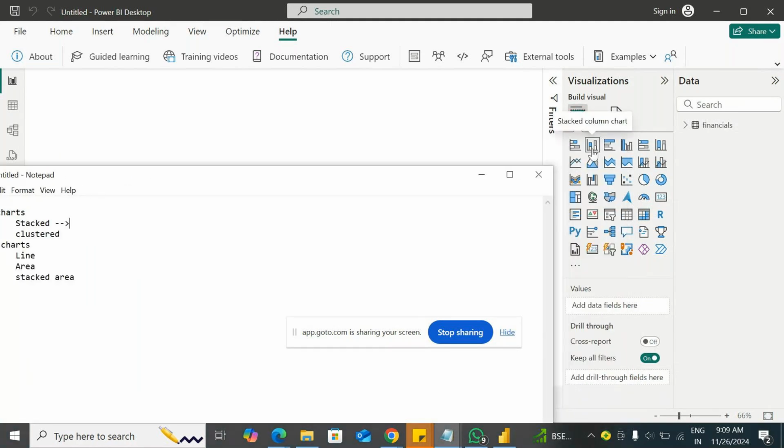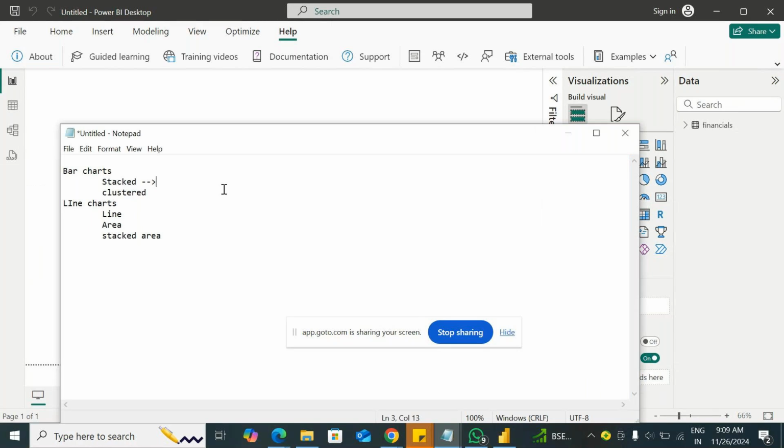We have column chart and bar chart, horizontal or vertical. In stacked and clustered also we have horizontal and vertical.